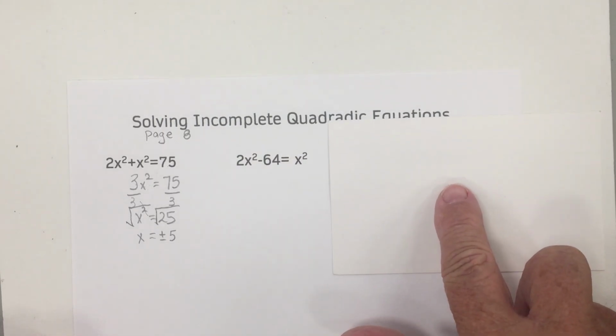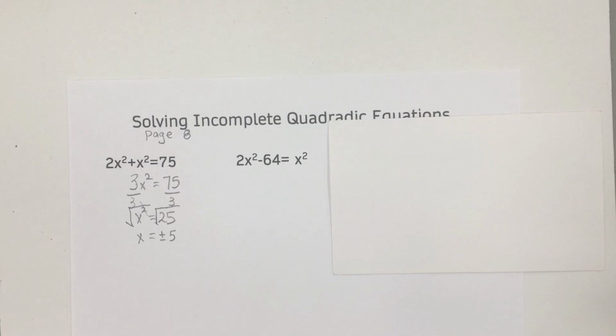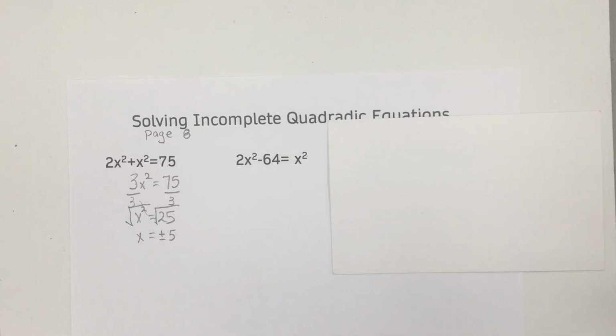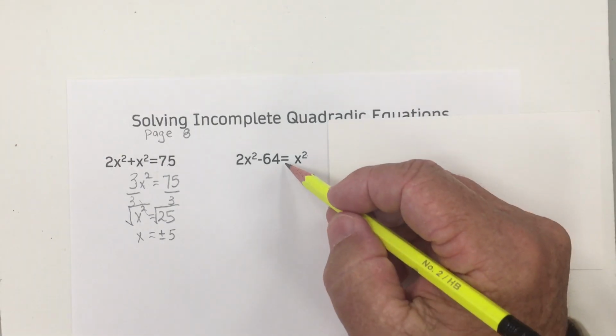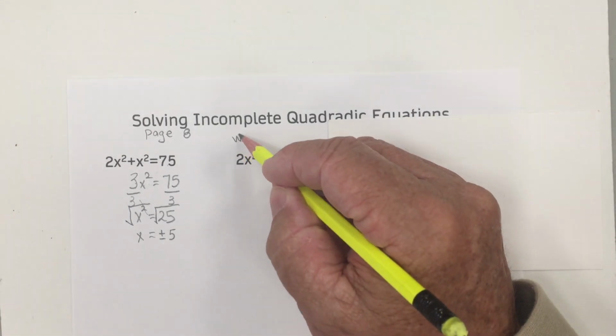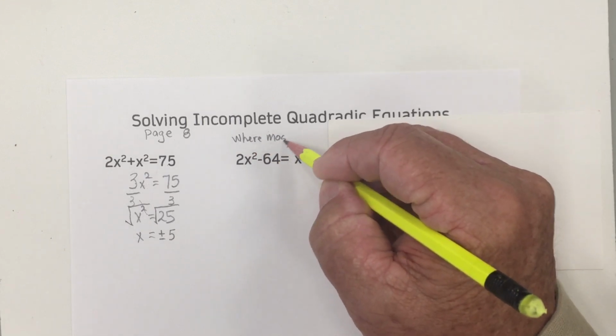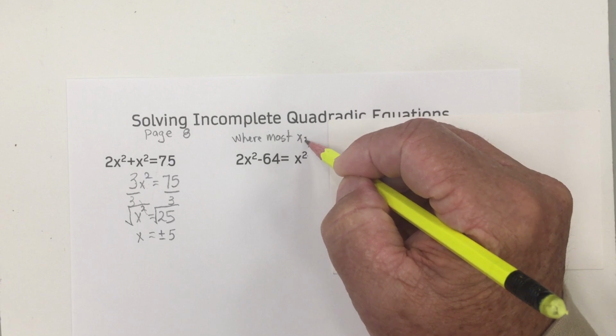Let's look at another one. What do we have? We have x squared on this side, x squared on this side. So when we're looking at moving our variable around, what do we look at first? The first thing we look at is where the most x's are.